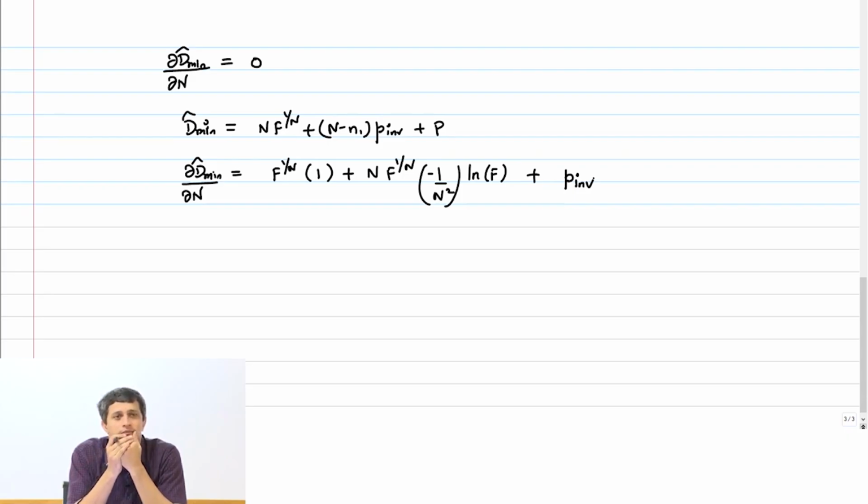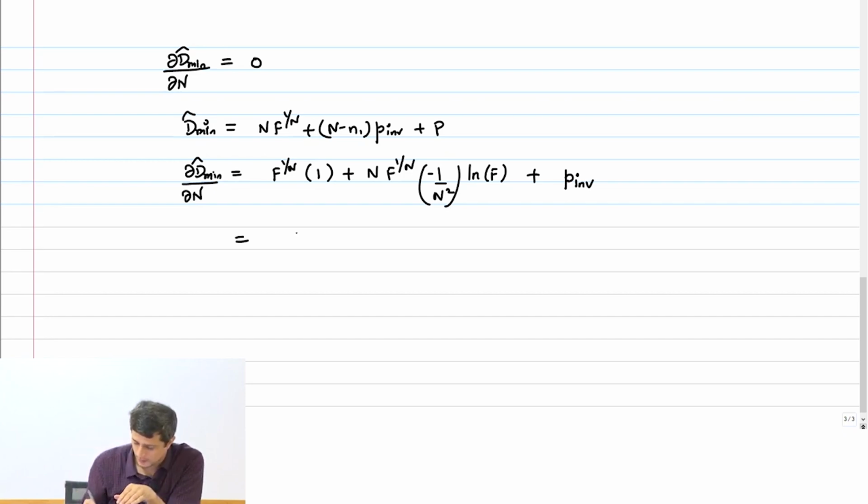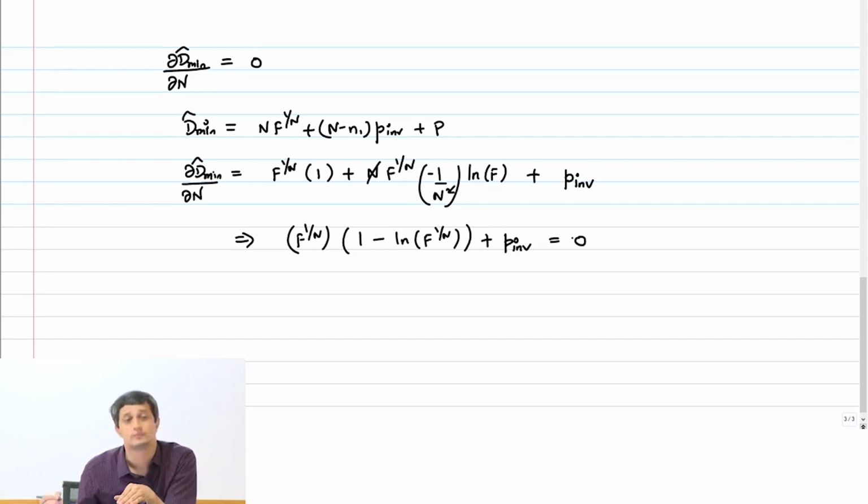Do you get this? You can write this as f power 1 by n into 1 minus ln of f power 1 by n plus P in equal to 0. All of you get this?